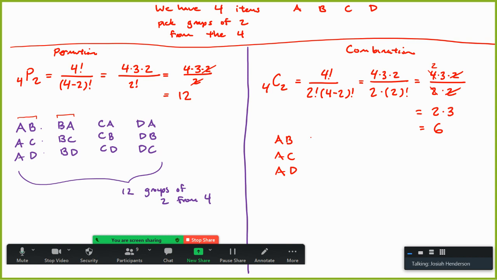And we're not going to list BA, CA, and DA because they're the same to us now. So we can mix B and C together, and we can mix B and D together. And we can mix C and D together. And that's it. There's our 6 groups of choosing 2 from 4.